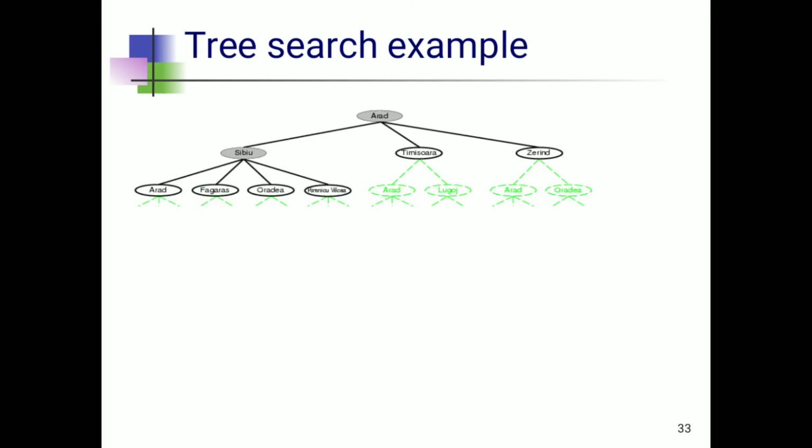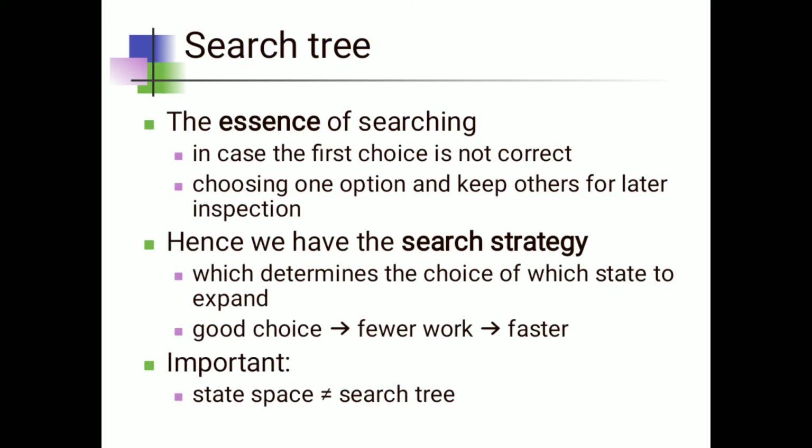From Sibiu we can again go to Arad, we can go to Fagaras, we can go to Rimnicu Vilcea, we can again go to Oradea. So we have to look at the map, check from this city which cities we can reach, and accordingly explore the search tree.